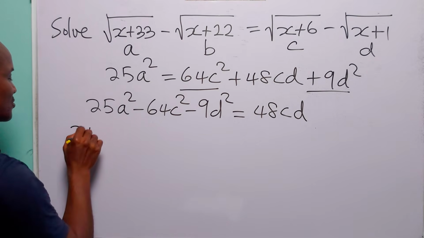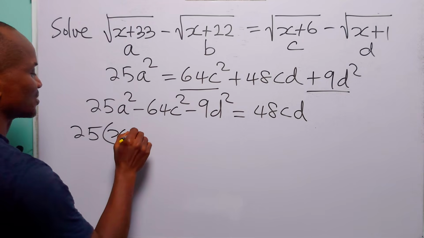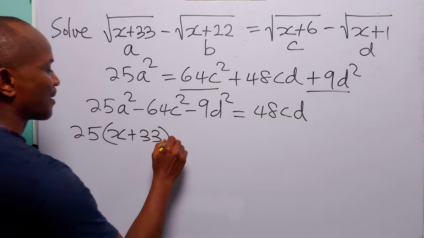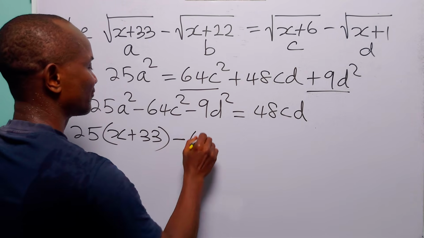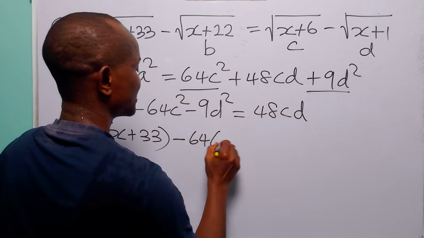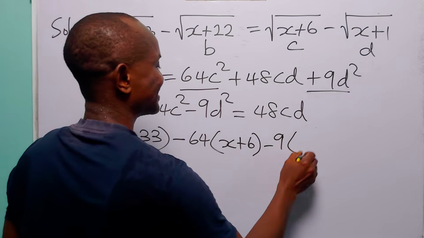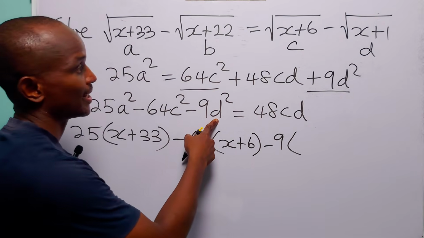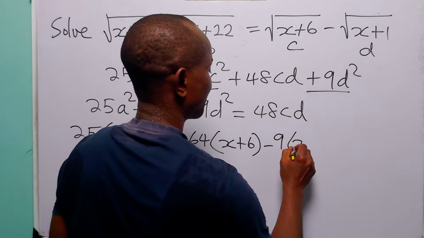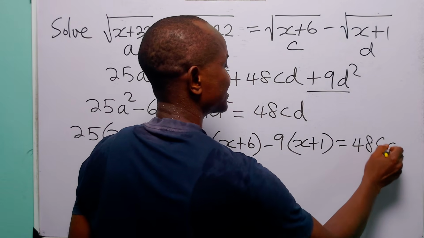Here we have 25 times a squared, which is x plus 33, minus 64 times c squared, which is x plus 6, minus 9 times d squared, which is x plus 1, and this is equal to 48cd.